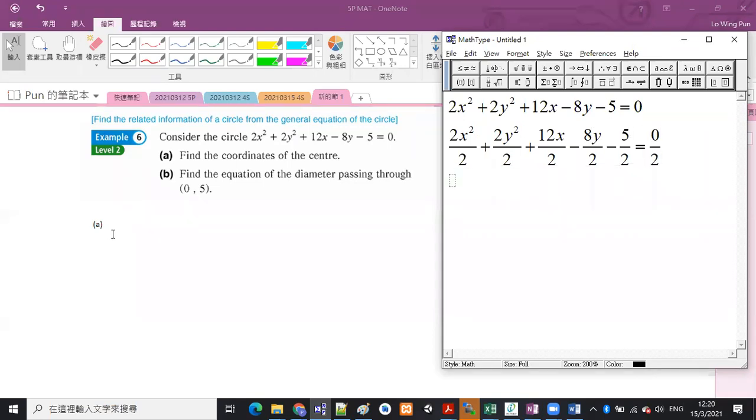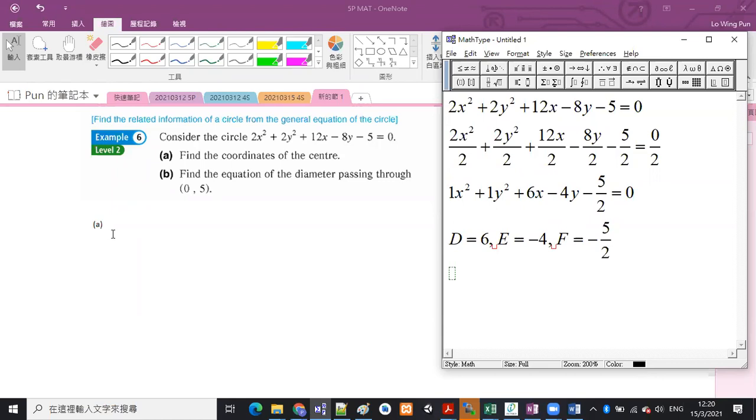Just like this. So now it becomes 1x squared plus 1y squared plus 12 over 2 is 6x, 8 over 2 is 4y, 5 over 2 cannot be simplified. Okay, so just leave the fraction here, which means that our D value is 6, E value is -4, and F value is -5 over 2.